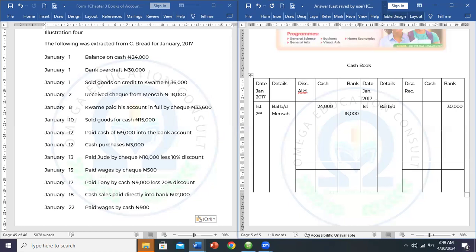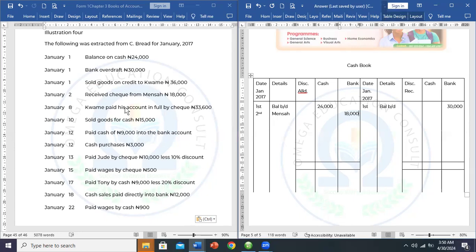Next, which is January 8th. Kwame paid his account in full by check, 33,600 naira. So who is Kwame in the first place? And when we go back, we realize that Kwame was the person we sold goods to on credit, right?